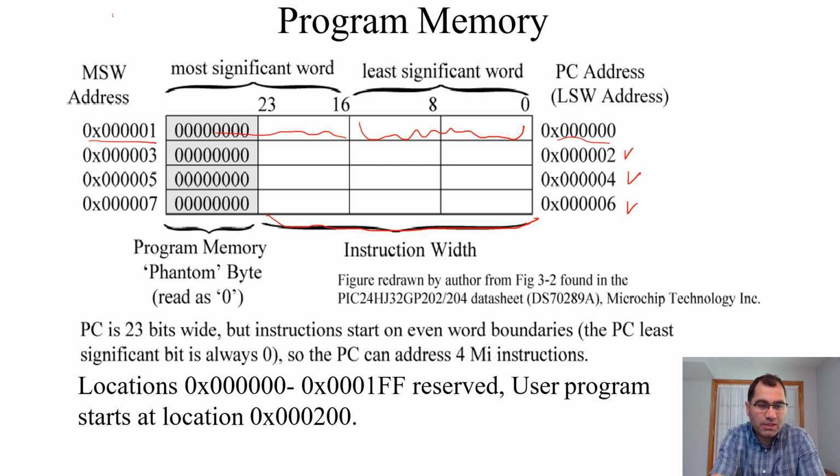The PC is 23 bits wide, so you can have 2 to the 23 addresses. Because each instruction needs at least 2 addresses, we divide that by 2, so it's 2 to the 22, which is 4 million.